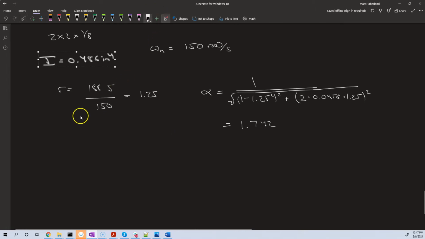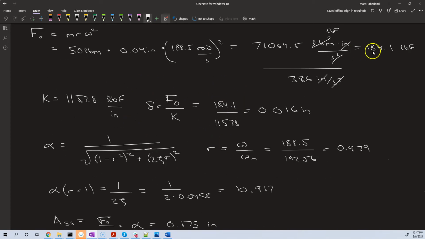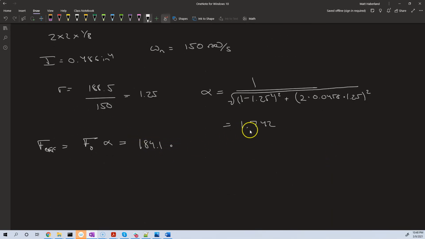We're going to need to know what the force is. The effective force is equal to F naught times the alpha, where F naught was 184.1 pounds. And then we're going to multiply by the 1.742. So that's like there's 320 pounds of static force on our beam. Let's figure out the stress from that.